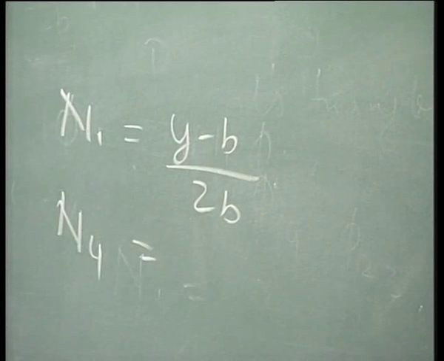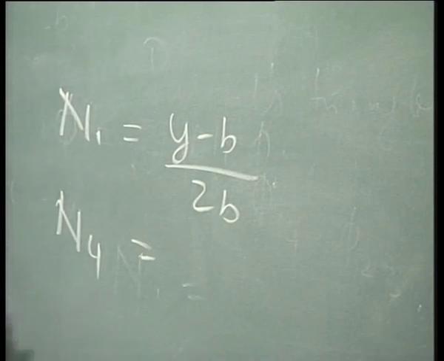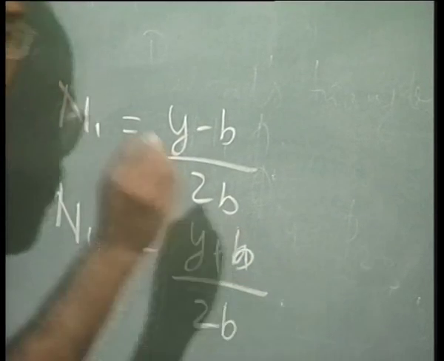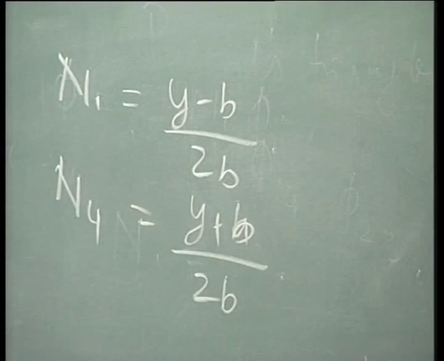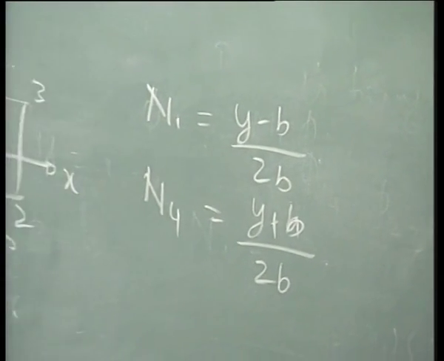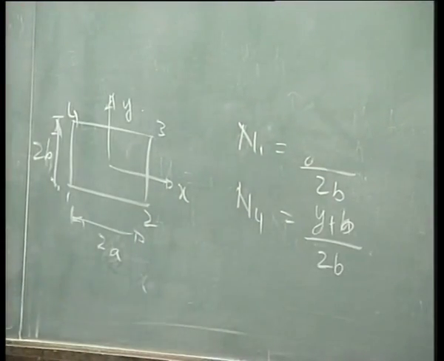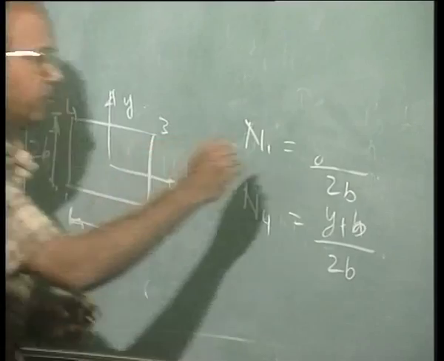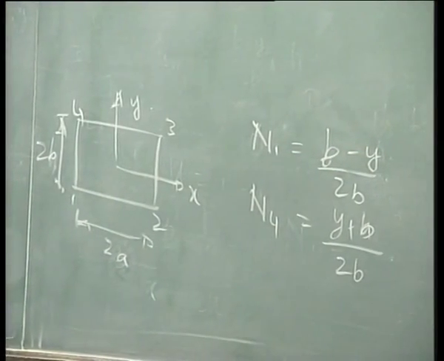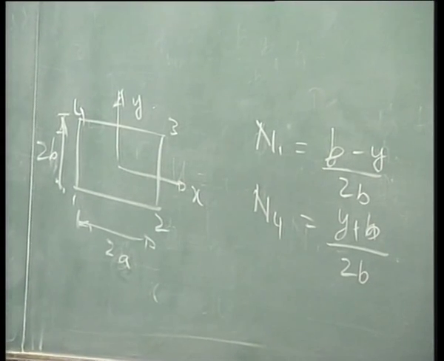So, this is 2a and 2b, so y minus b by 2b. Sorry, b minus y, because of the minus y, b minus y by 2b, correct, and y plus b by 2b. Right? So what did I do?